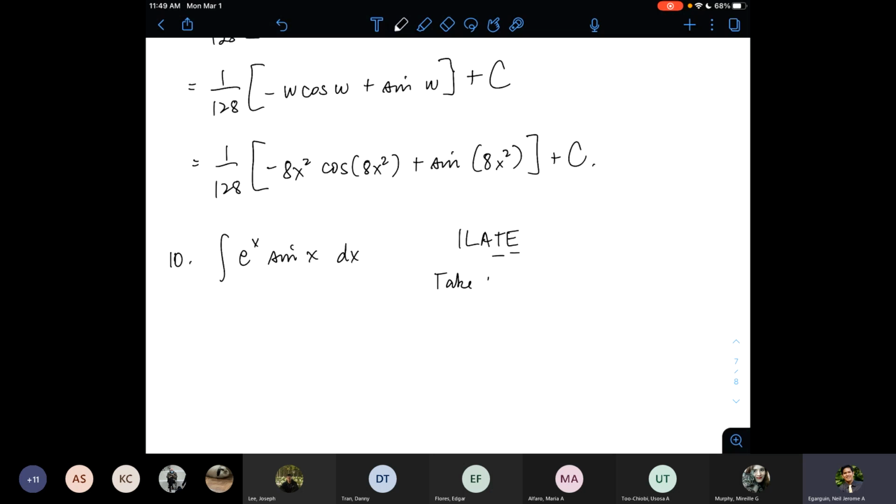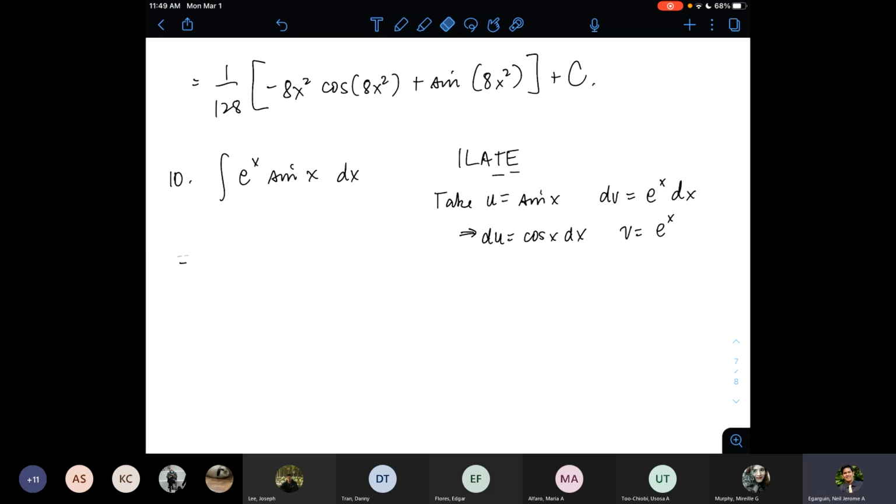So we take u to be the trig function, sine x, and then let's take dv to be the exponential, e to the x dx. And then we compute du, which is cosine x dx, and v is e to the x. So basically this integral here, let me just write that as this.